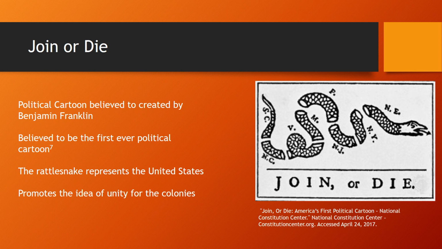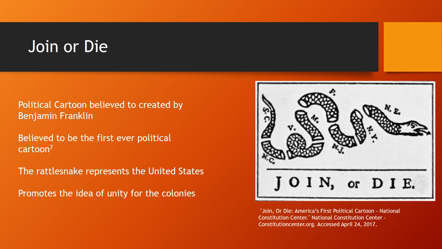We need to come together to fight the British, to counteract this oppression that's being placed upon us. So basically, this promotes the idea of unity. It's used to unite the colonies. This is a call really to unite the colonies together.